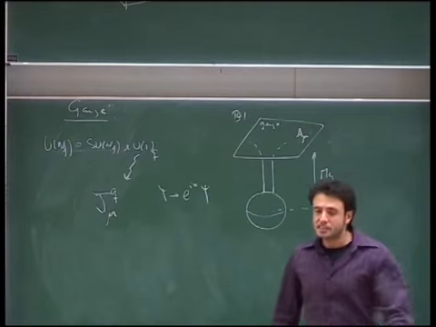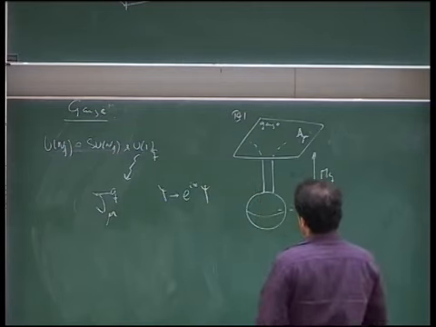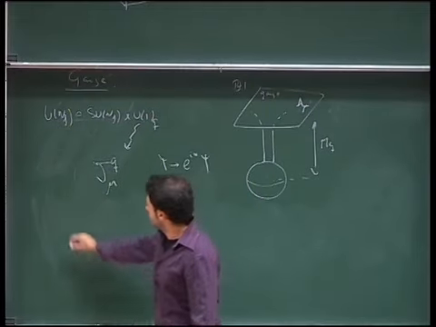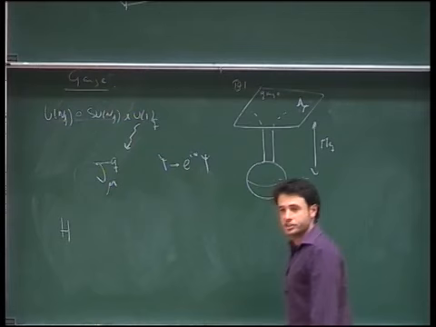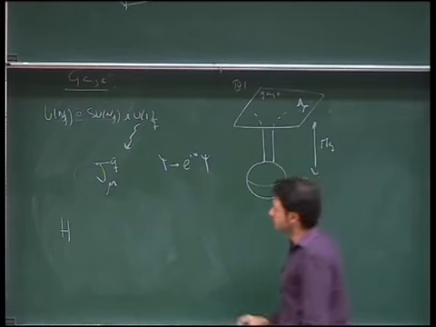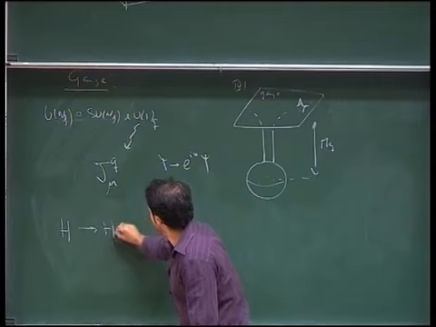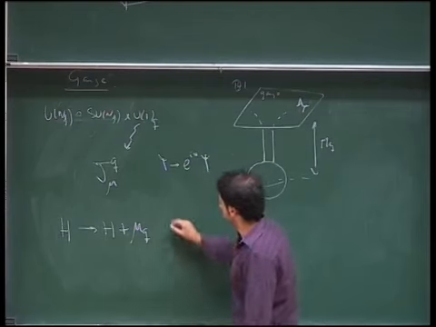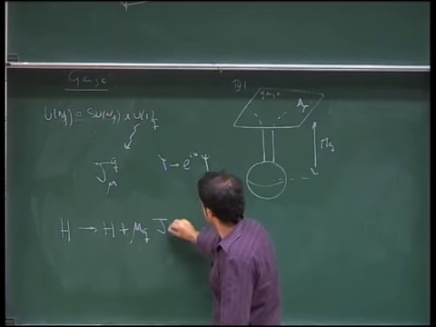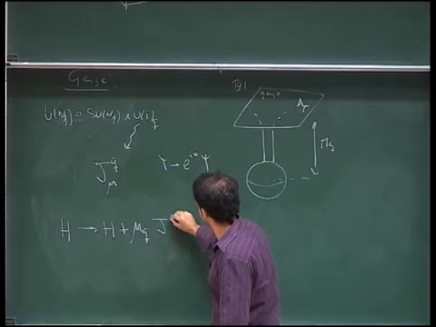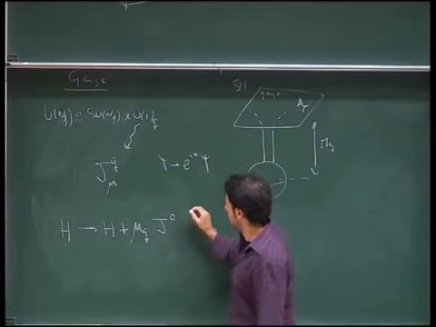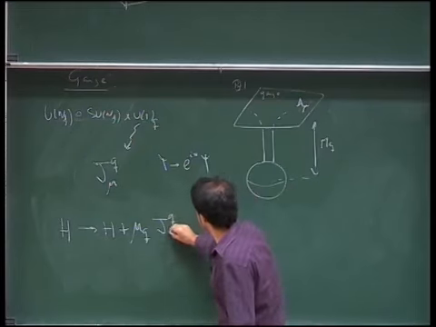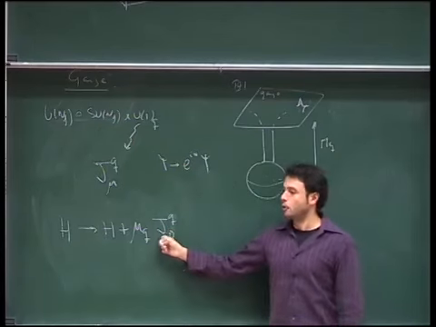So what does it mean to introduce a chemical potential for quark number? Well, it just means that you take your original Hamiltonian, or the action for your system, and you modify it by adding a term of the form mu times J^0, where this is J_Q^0, the time component.